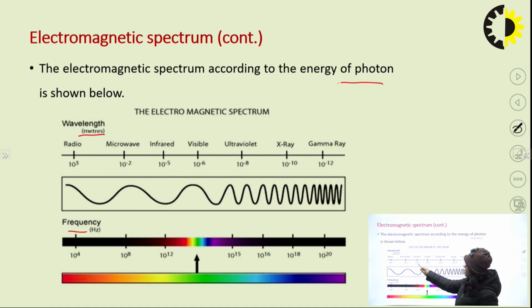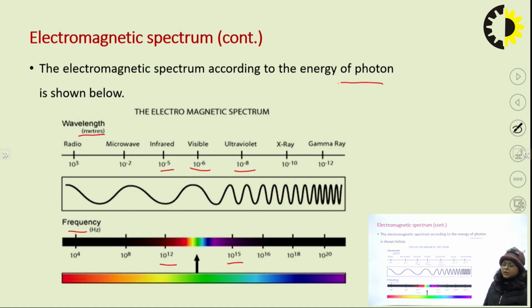Similarly, infrared has wavelength 10 to the power minus 5 meter or 10 to the power 12 Hertz frequency. Visible spectrum is in the range of 10 to the power minus 6 meter. Ultraviolet signal is in the range of 10 to the power minus 8 meter or in the frequency range of 10 to the power 15 Hertz.